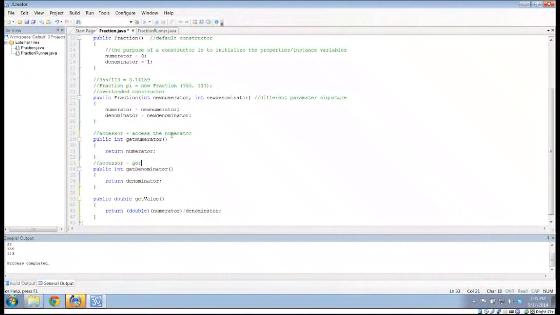This gets the denominator value. And then I've got another, getValue, which gets the decimal value of the fraction.